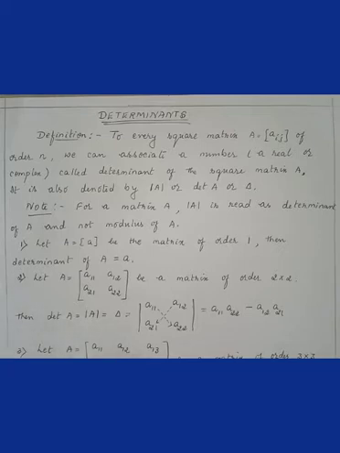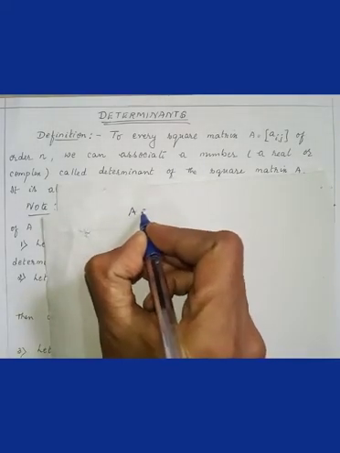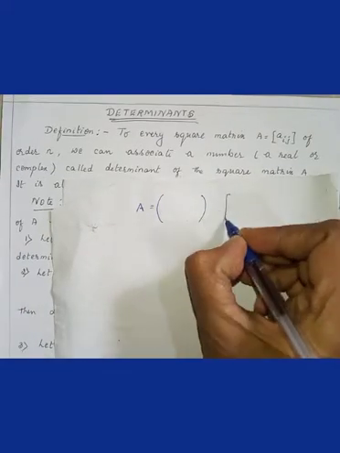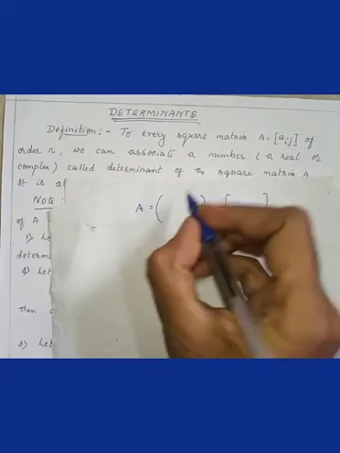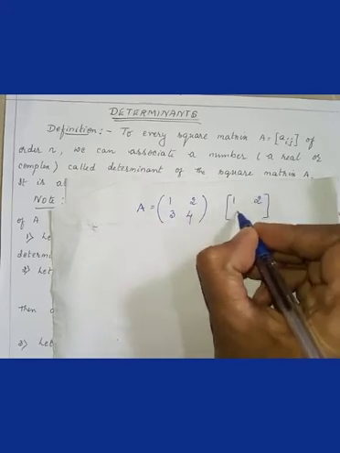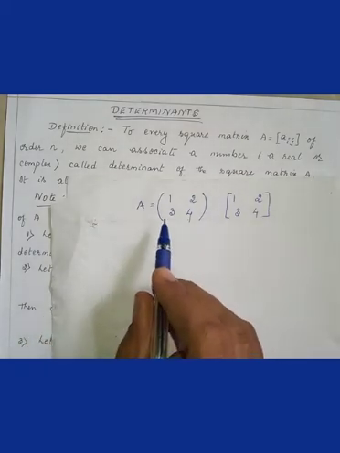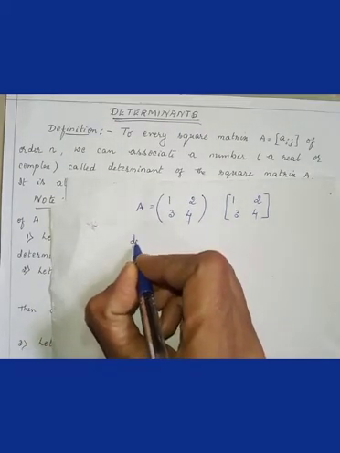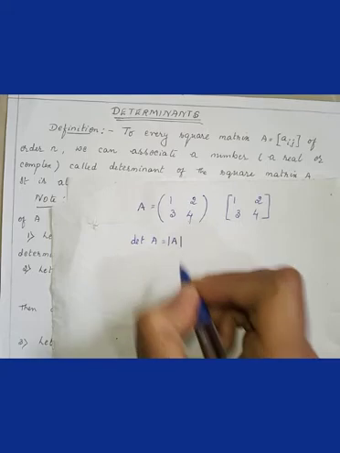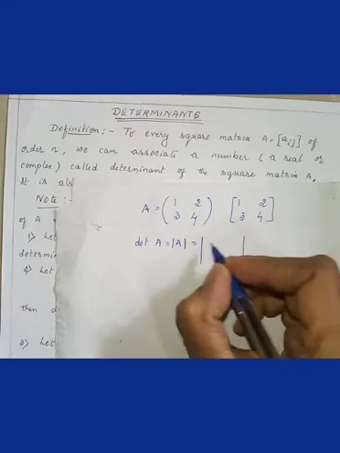If this is a matrix, we write it either using round brackets or square brackets: 1 2 3 4, or likewise 1 2 3 4. If you want to find the determinant of this, you have to write determinant A, or within two lines write A. Write the entries within two lines.